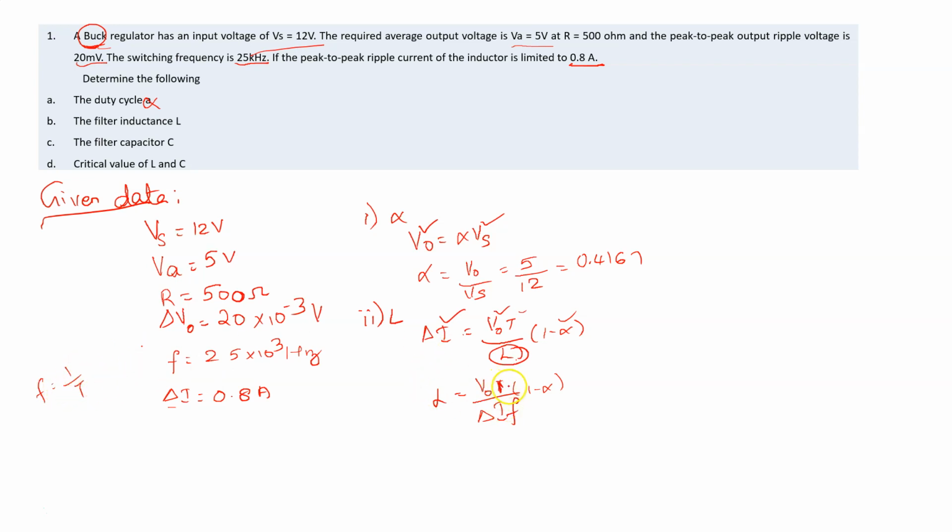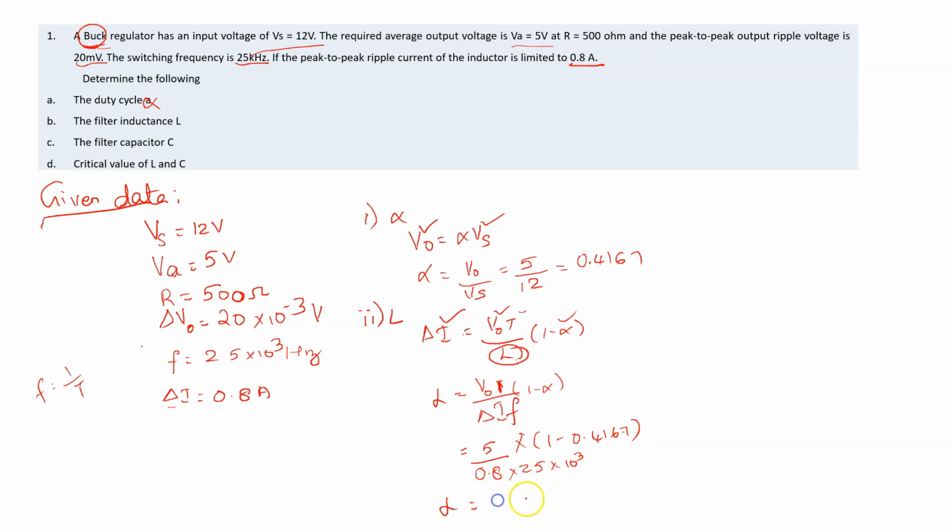So instead of T, I have substituted 1 by F. Substituting the values, V naught is 5, so 5 divided by 0.8 into 25,000, into 1 minus 0.4167.